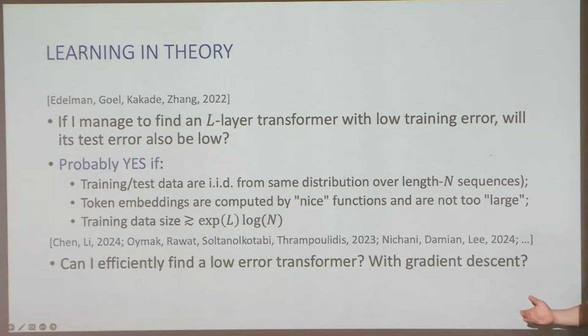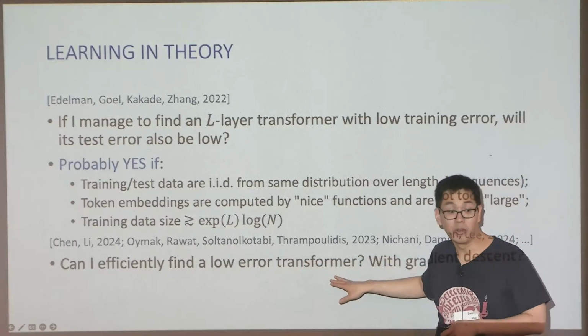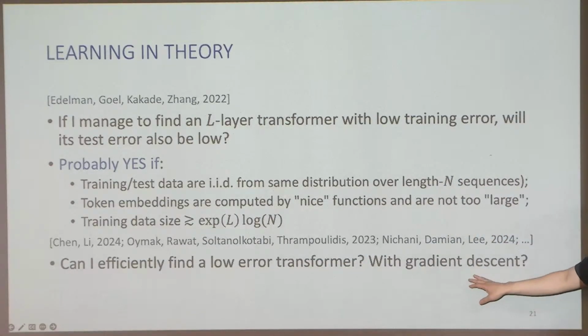You can also ask, can we learn these things efficiently? There's a lot of work on that as well. Can I efficiently find a low error transformer? Maybe what's interesting is, can I do it with gradient descent? There's a lot of work trying to study this question. What's the most you can say?